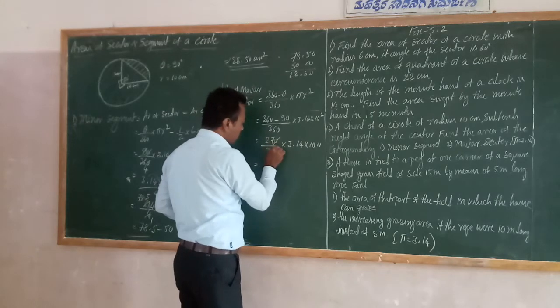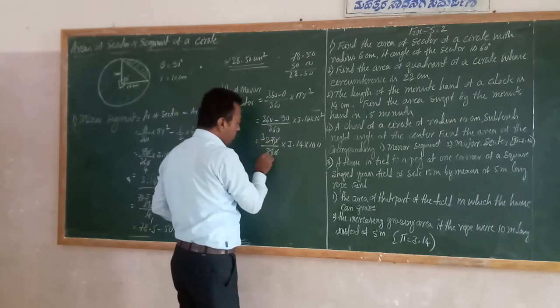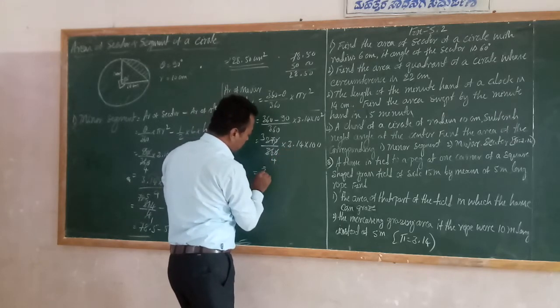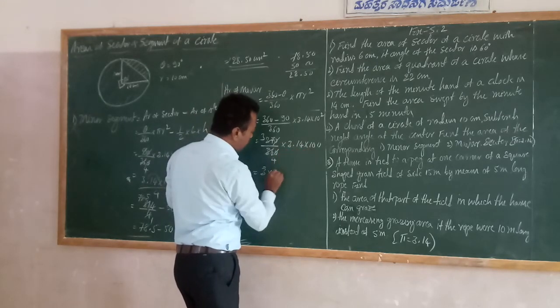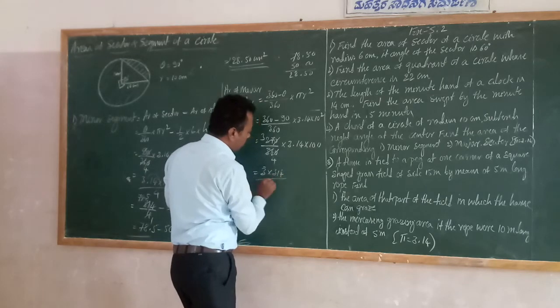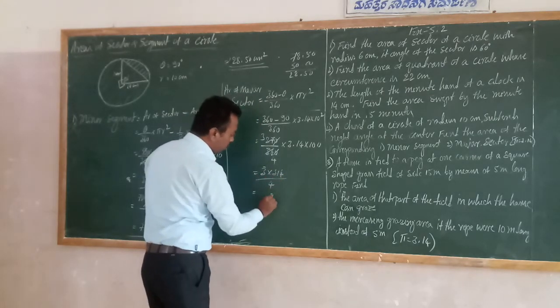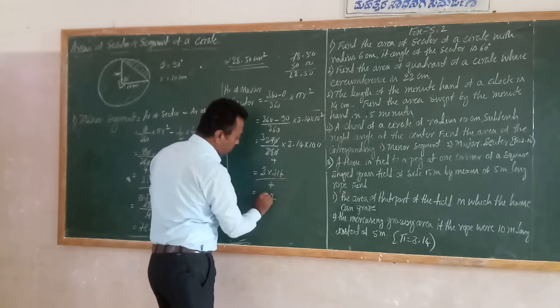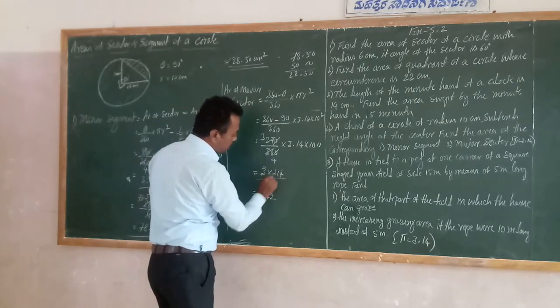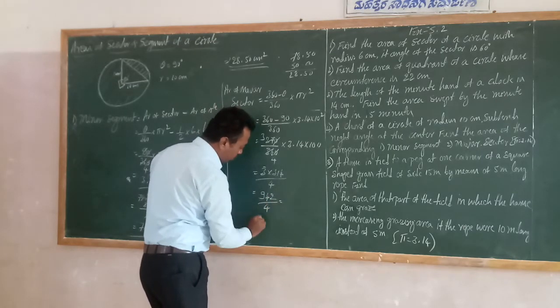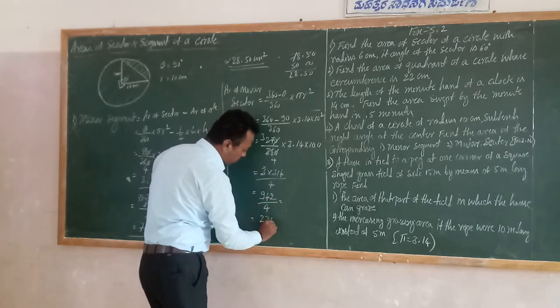Next, 0 gets cancelled. 9 3s are 27, 9 4s are 36. So 3 into 3.14 into 100 divided by 4. Then you should divide it. 4 1s are 4, 2s are 8, 4 3s are 12, 4 5s are 20.